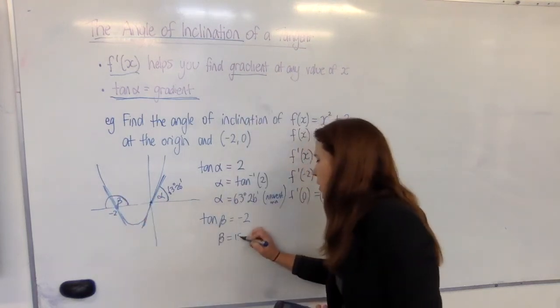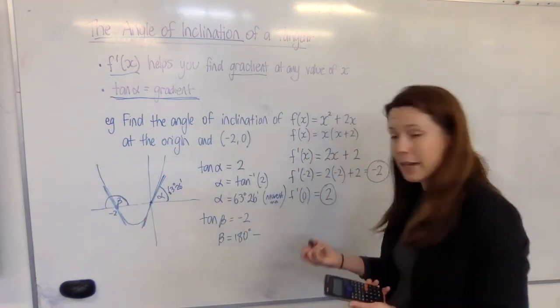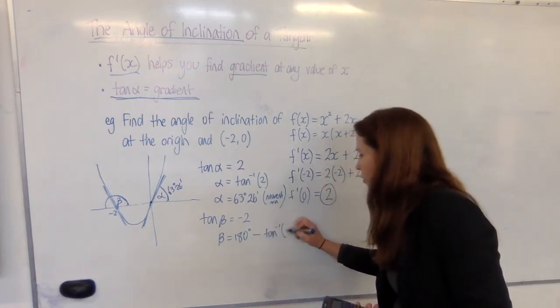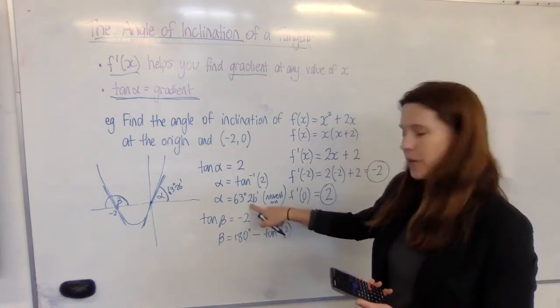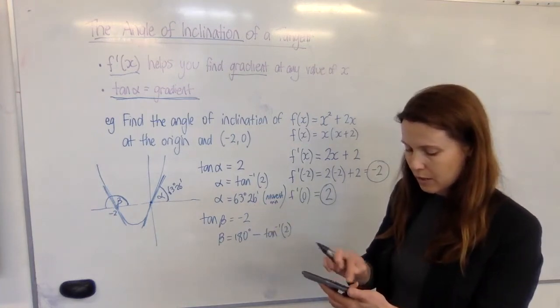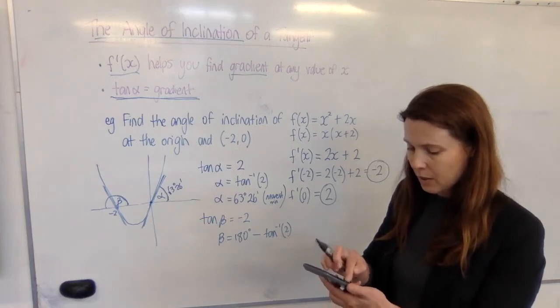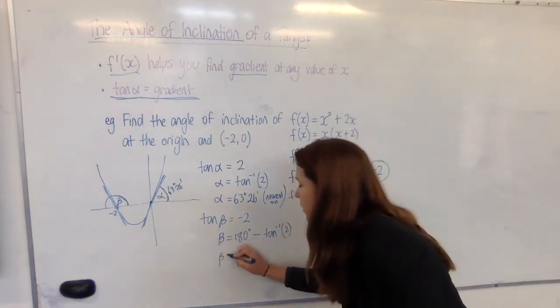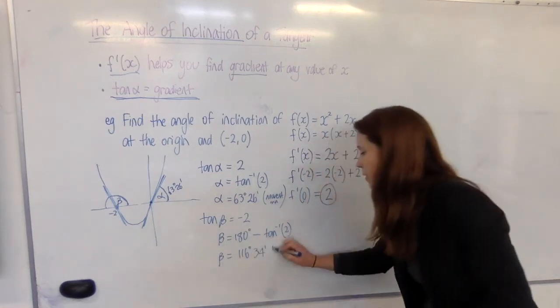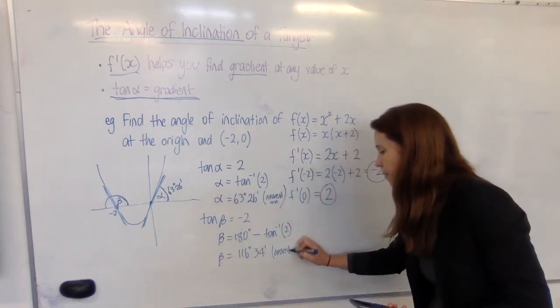Beta equals 180 degrees minus the inverse tangent of 2. And we already know what that is, it's 63. So we can put 180 minus our answer, and that gives us beta at 116 degrees and 34 minutes to the nearest minute.